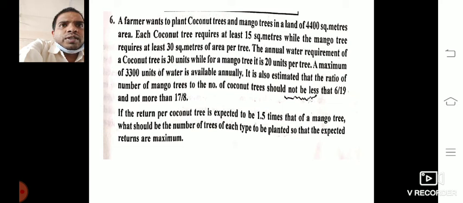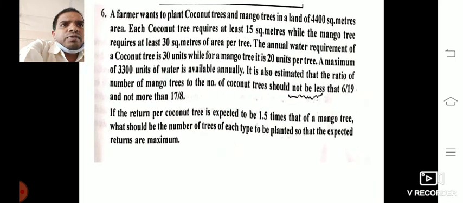Similarly, for the next problem: a farmer wants to plant coconut trees and mango trees in a land of 4400 square meters area. Each coconut tree requires at least 15 square meters, while a mango tree requires at least 30 square meters of area per tree. The annual water requirement of a coconut tree is 30 units, while for a mango tree it is 20 units per tree.